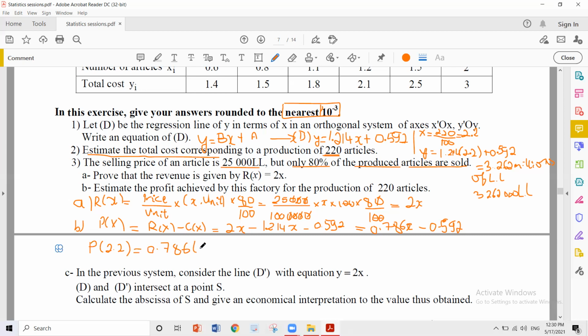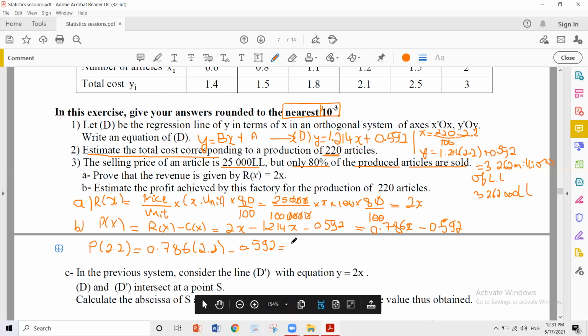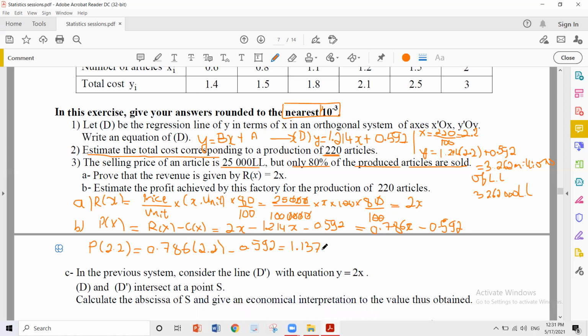We get 0.786 times 2.2 minus 0.592. Okay, please, anybody calculate this one? 1.137. It is done.